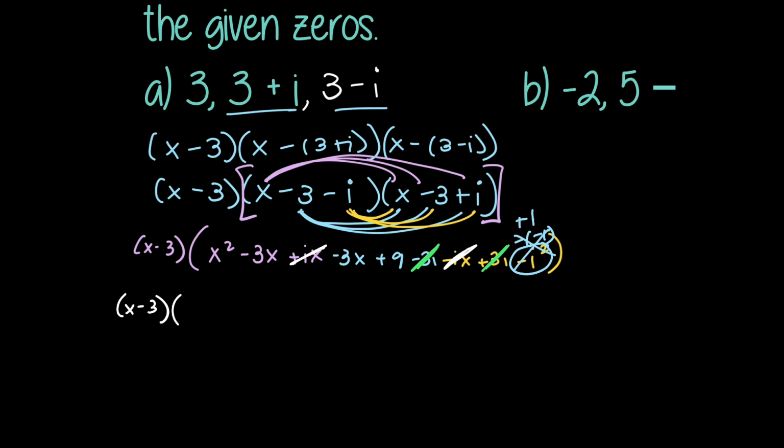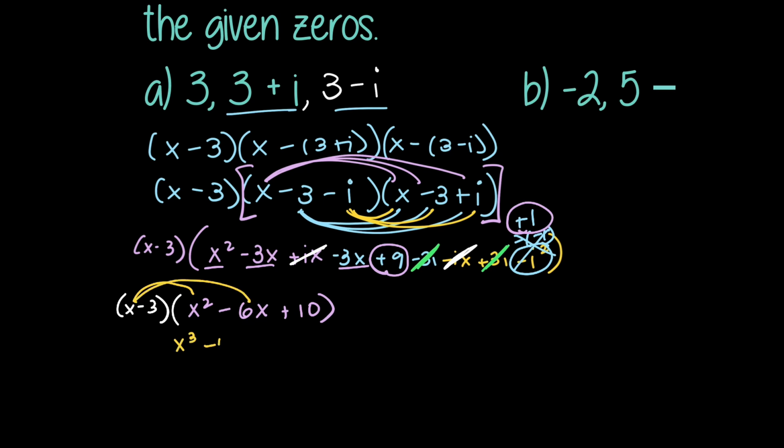Now combine your like terms. x squared is the only squared. Negative 3x and negative 3x is negative 6x. Positive 9 plus 1 is positive 10. And now I've got to FOIL these out. So x times x squared is x to the third. x times negative 6x is negative 6x squared. x times 10, 10x. Negative 3 times x squared.